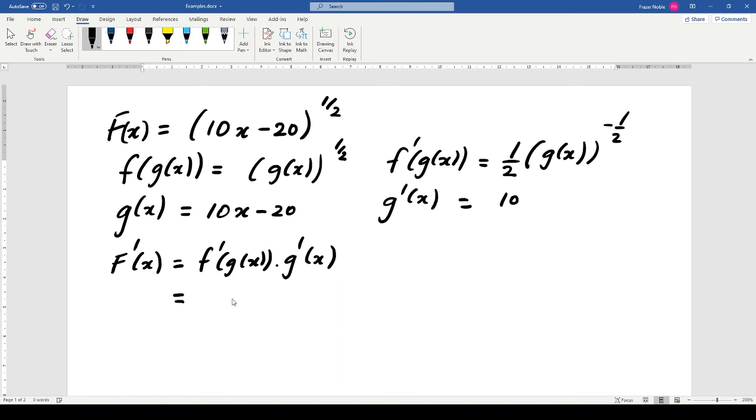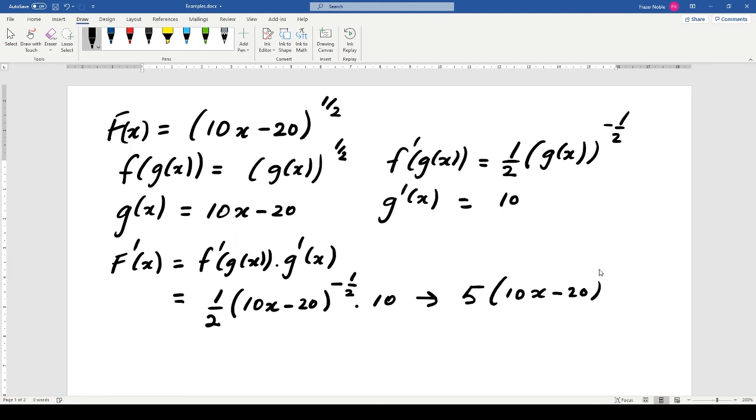So that would become 1 over 2, 10x minus 20 raised to the power negative 1 over 2 times 10. And this could be written as 5 times 10x minus 20 raised to the power minus 1 over 2. So this is the derivative of this equation.